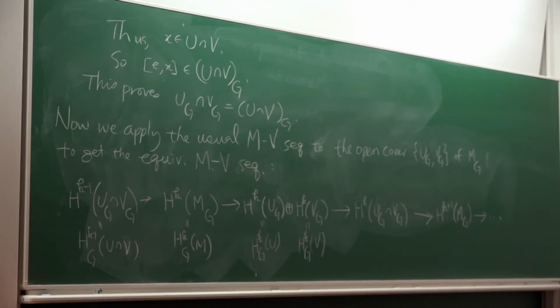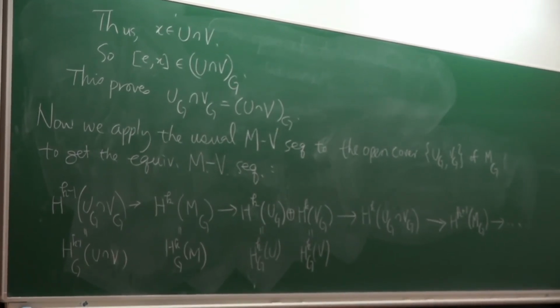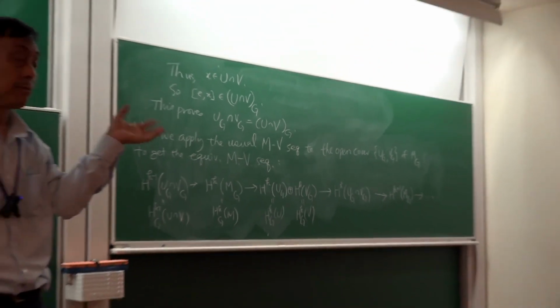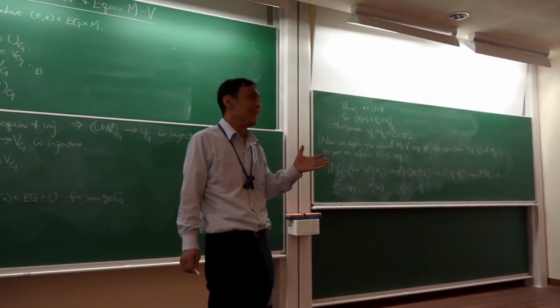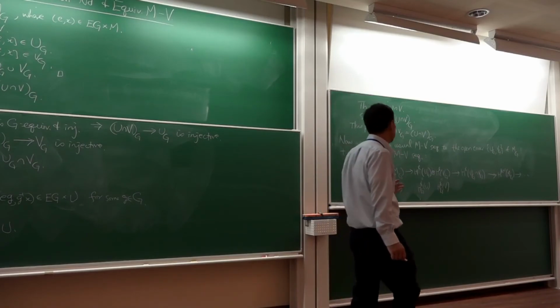So we have basically two major tools for computing equivariant cohomology. We have the spectral sequence of a fiber bundle, because the homotopy quotient is a fiber bundle over BG. So we can use the spectral sequence to compute equivariant cohomology.